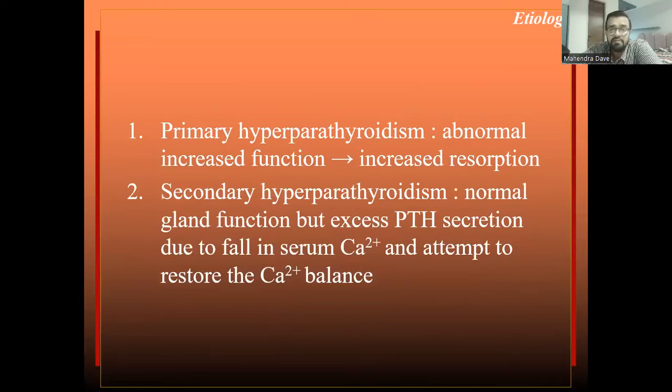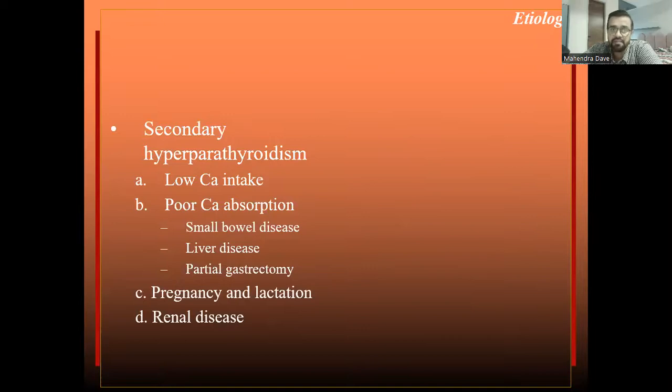Primary hyperparathyroidism is an abnormal increased function, with increased resorption. Secondary hyperparathyroidism is normal gland function but excess parathyroid secretion due to a fall in calcium levels, in an attempt to restore the calcium balance. It includes low calcium intake.